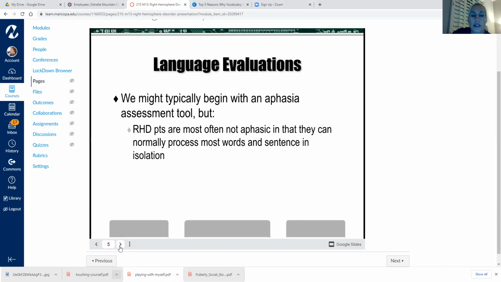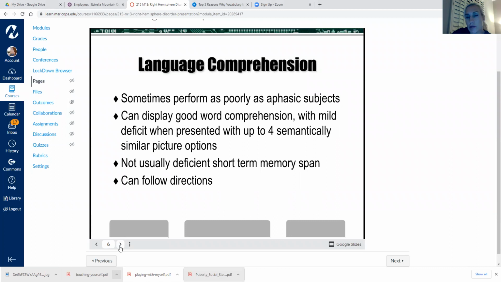And oftentimes we do begin with an aphasia assessment tool. So anytime anybody has any kind of stroke, TBI, anything like that, we're definitely looking at doing some type of aphasia assessment.